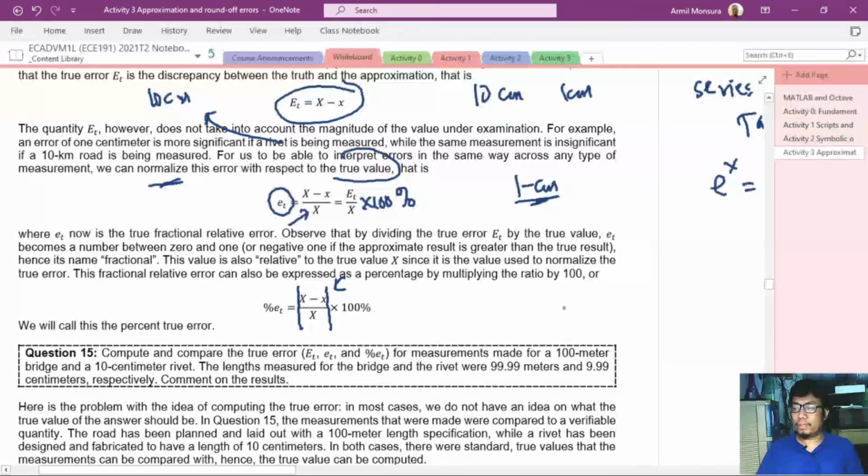Okay, so you may want to work on this and check that if you actually consider the true error, the absolute true error and the relative error, in two cases, you might be interpreting the error differently. So that is why we need to express that in terms of the relative value.